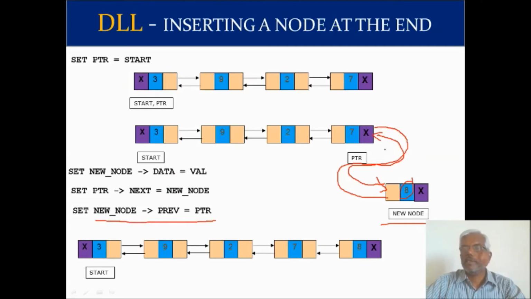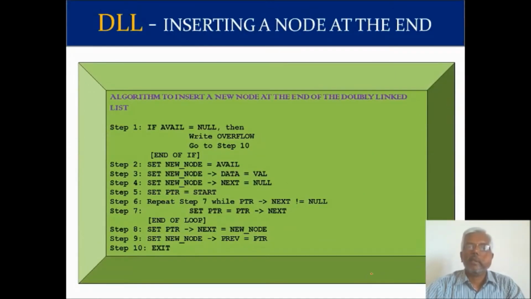Now the link is established between the already existing last node and the new node. Now the new node is connected as the last node of the existing doubly linked list. Now our new doubly linked list has 3, 9, 2, 7 and 8 as the elements. So the complete algorithm for inserting a node at the end is here.